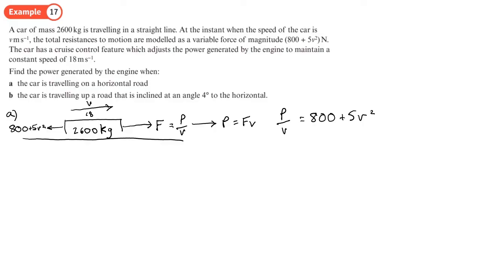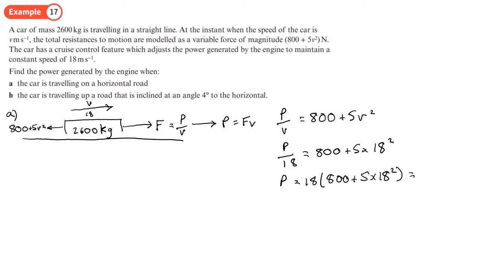So now we can put our numbers in. V is 18, so we'll have P over 18 equals 800 plus 5 times 18 squared. So P is just going to be all of that times by 18. So let's work that out and see what we get.